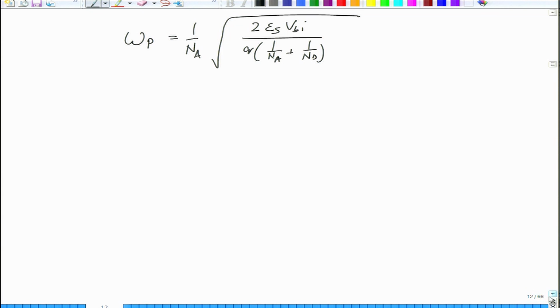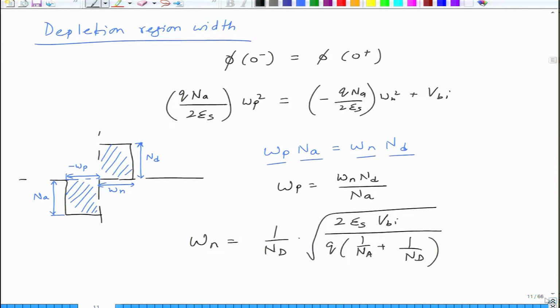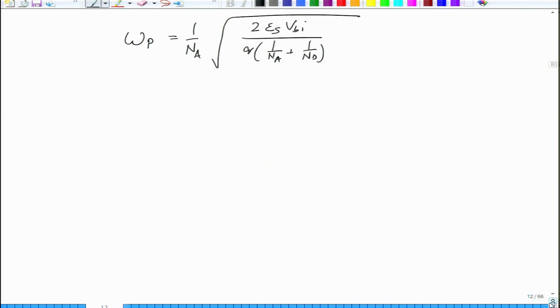So, this is Wn and this is Wp. You use these two equations to find out what is Wn and what is Wp, in terms of donor concentration, acceptor concentration, Vbi and electric constant, okay.